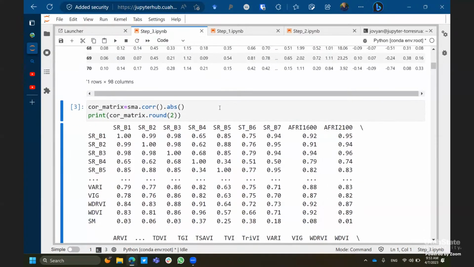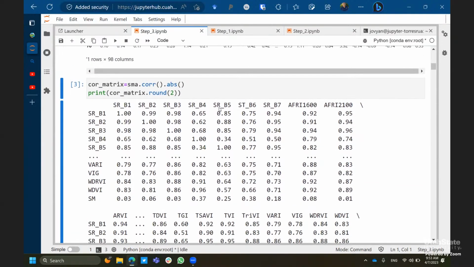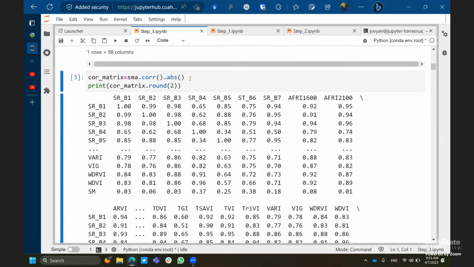So what I'm going to do in the next part is run on the table a correlation between all the variables against everybody. It's a very large matrix, and I'm running it in absolute terms because I can have positive or negative correlation. So by making it absolute, I can have values.